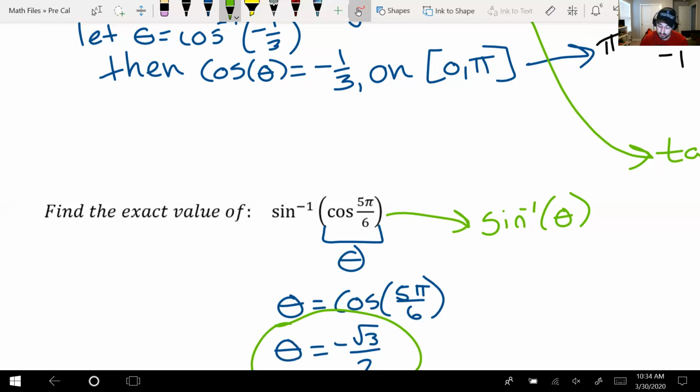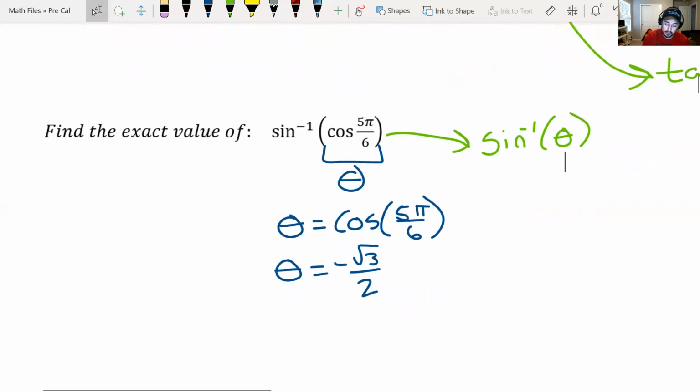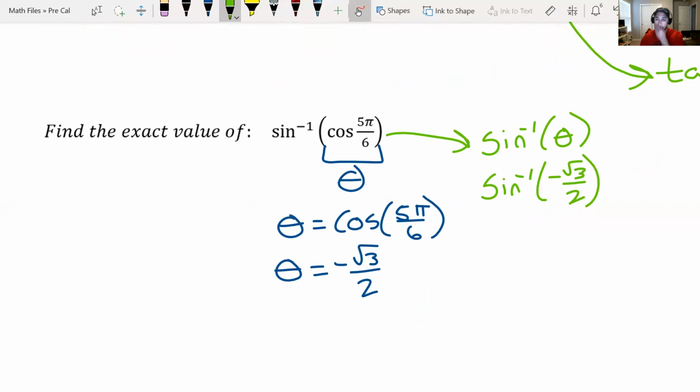That's what theta happens to be. So all you have to do is plug in. You say the inverse sine of negative square root 3 over 2, which means we look at the inverse sine's restrictions on the unit circle.